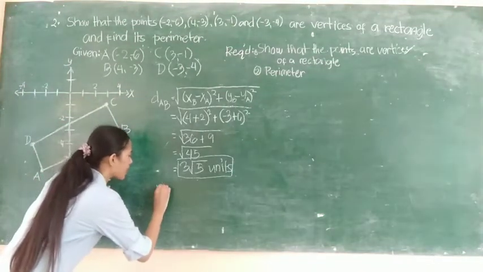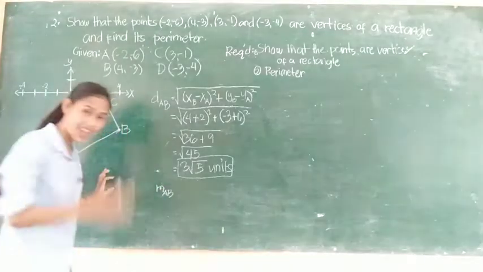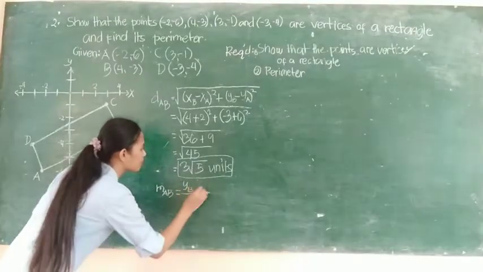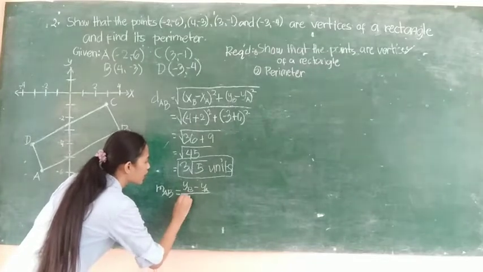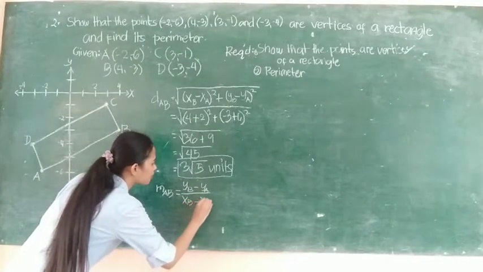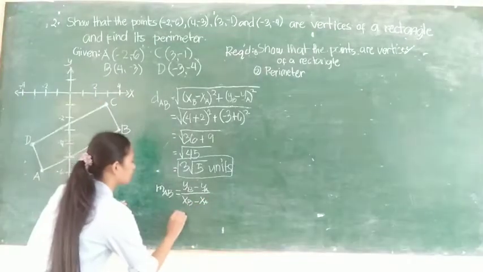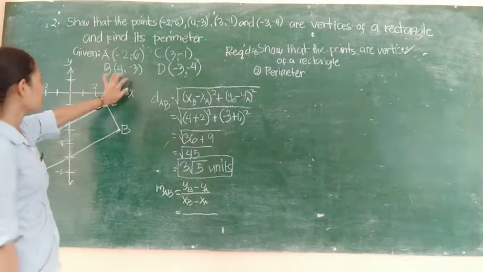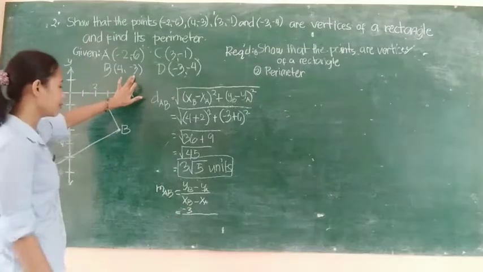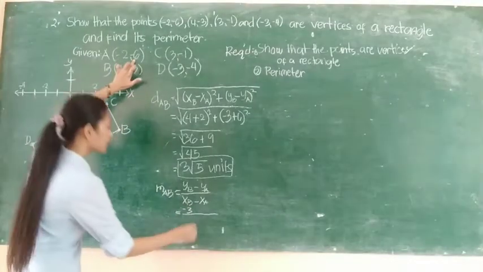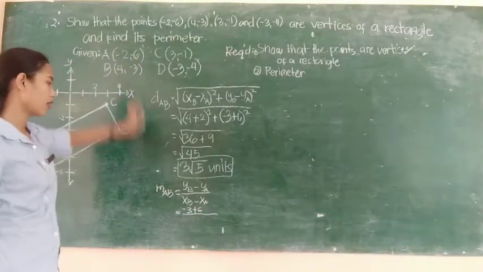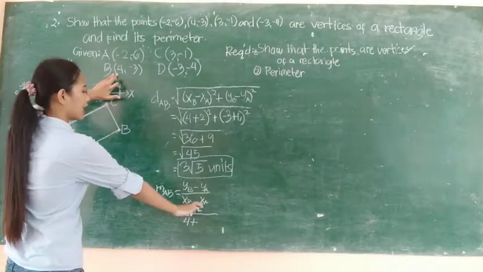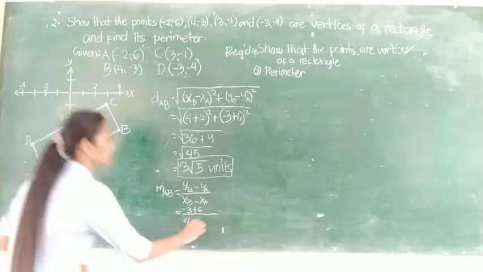The formula will be m sub AB is equals to y sub B minus y sub A over x sub B minus x sub A. So y sub B is -3 minus y sub A -6, so it will be plus 6 over x sub B 4 plus x sub A -2, so it will be plus 2.